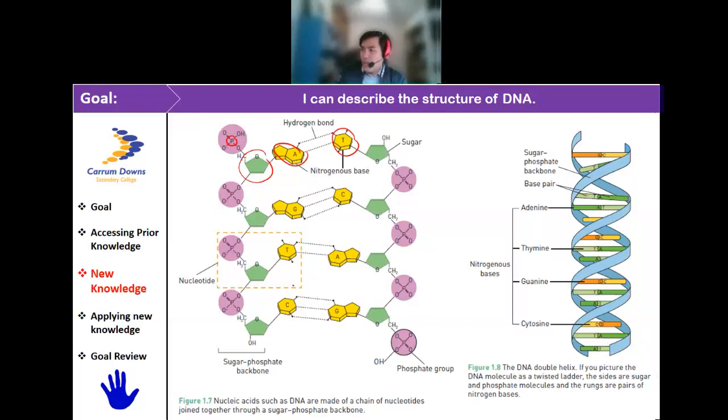If you have one strand, then you would know what the other strand is, because remember, A goes with T, C goes with G.